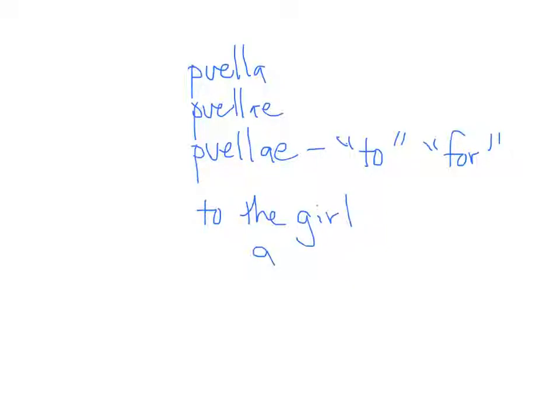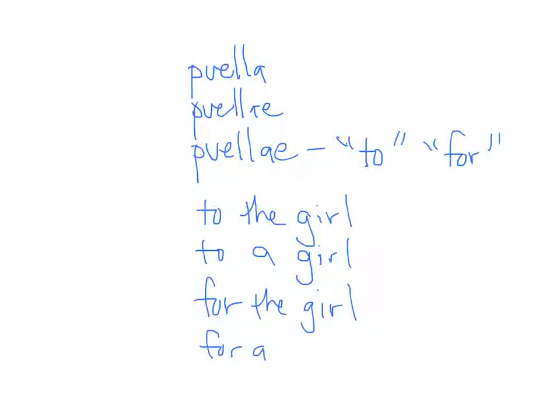Remember, you can pick either one in Latin because neither the nor a is ever indicated. But the dative singular would say to the girl or to a girl, whichever one sounds more natural in the sentence. You could also try for the girl or for a girl. Basically four options, even just for the singular.